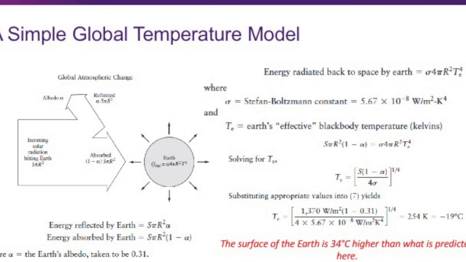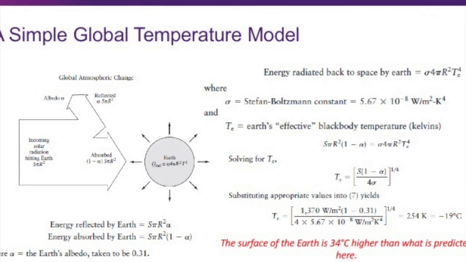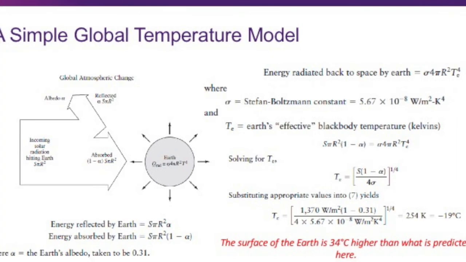Then we're going to have a component related to the spherical area, and then the component of the temperature raised to the fourth power, right? And this temperature is the Earth's effective black body temperature.